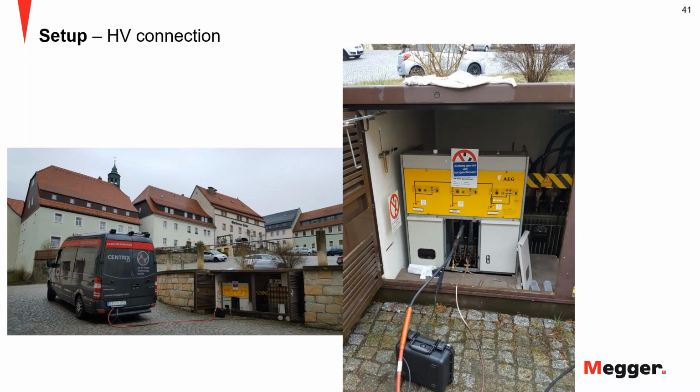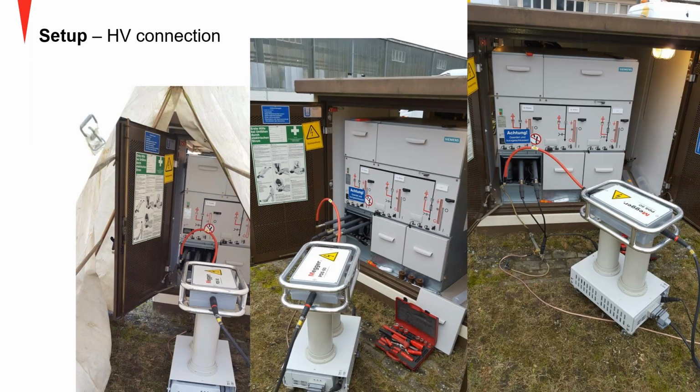So do I really need to measure down to 90, 100, 110 picocoulomb when I know that I will definitely be able to tell a splice problem in the field, even if I have a background noise that might be a bit higher? So customers ask us, hey, can you make systems with an internal PD coupler? And so we have this in the portfolio as well. In this case, this is one of these vans. That PD coupler that you saw here is in the vehicle.